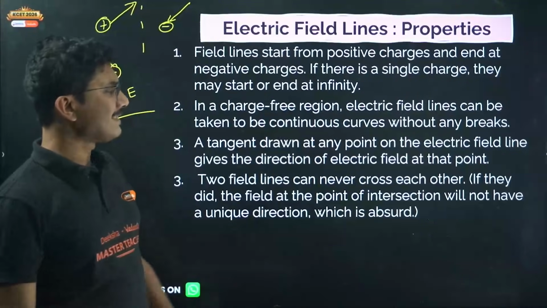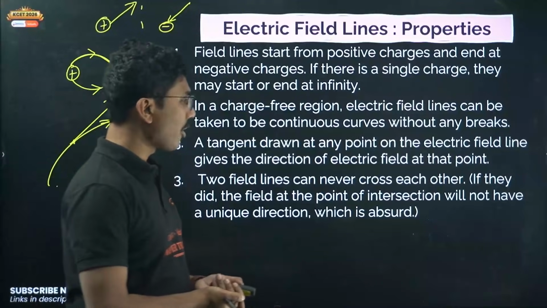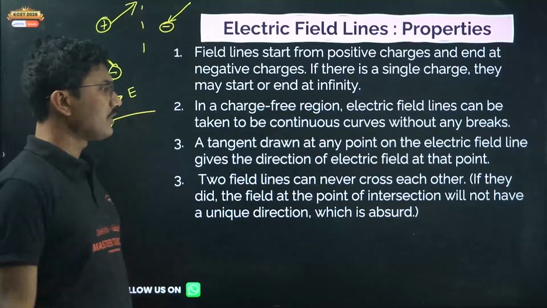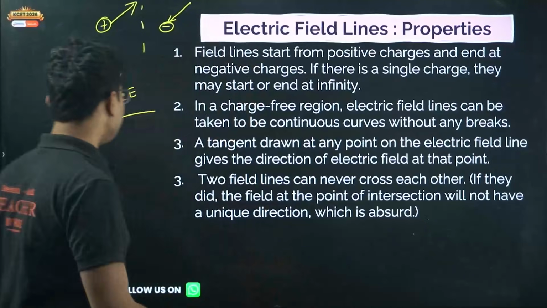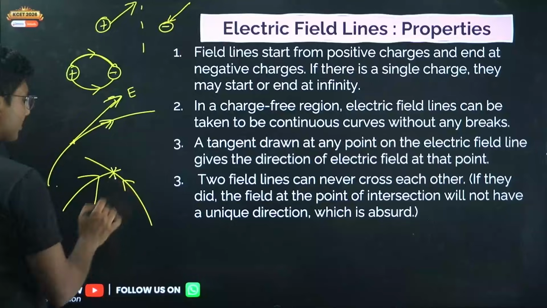Two field lines can never cross each other. If they did, the field at that point of intersection will not have a unique direction, which is absurd. So if there is a field line and another field line, they cannot cross.